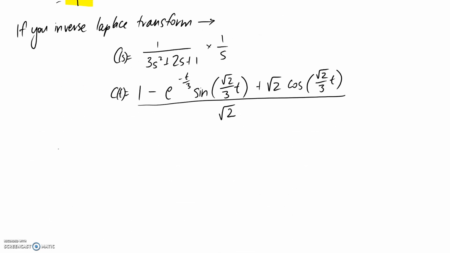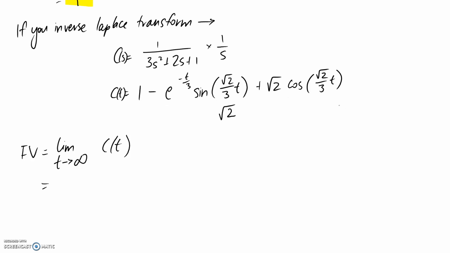So the final value. If we go ahead and put this in here, 1 isn't going to change. And I just realized that I drew this wrong. It should just be over this bit. Okay, so the 1 isn't going to change. That just stays there. And if we substitute t equal to infinity into this stuff, the first thing that we have is e to the power of negative infinity on 3.